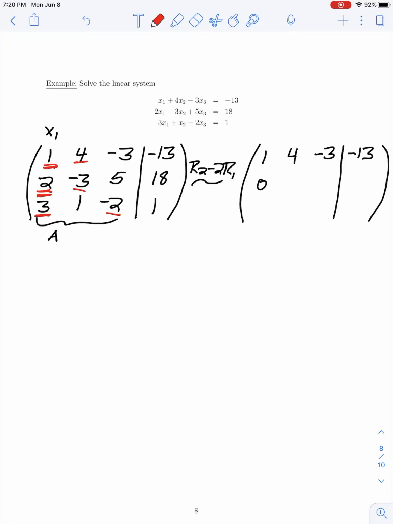Multiplying 4 by -2, I have -8 plus -3 leaves me a -11. In my third column, multiplying -3 by -2, I have 6 plus 5 gives me a positive 11. And performing the same operation on the right-hand side, -13 times -2 would be 26 plus a positive 18 leaves me with positive 44.